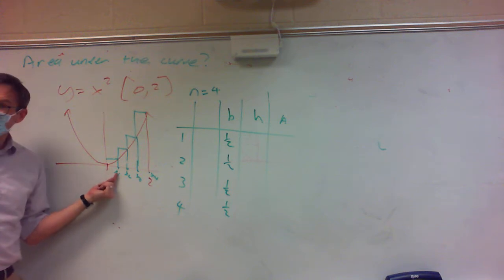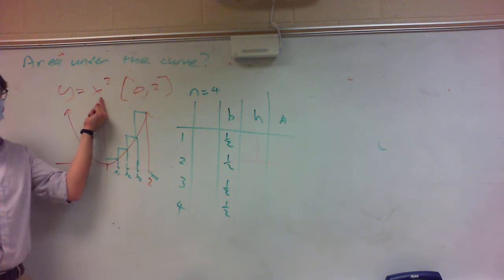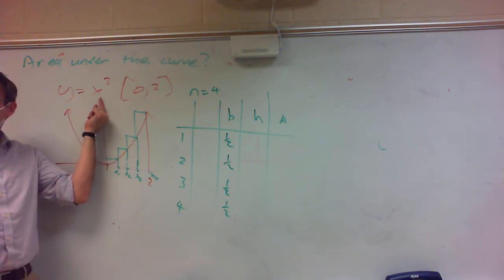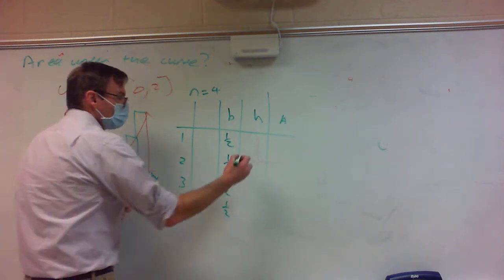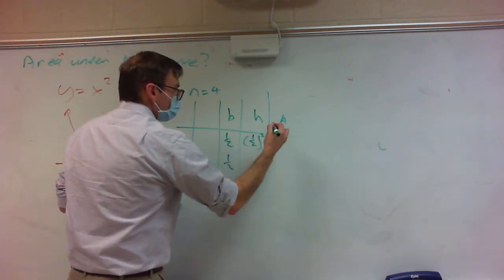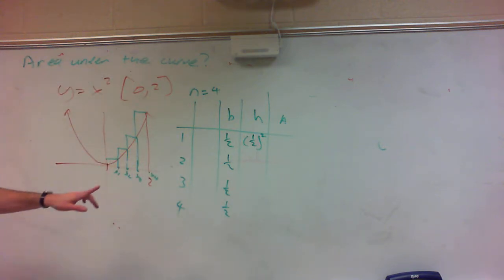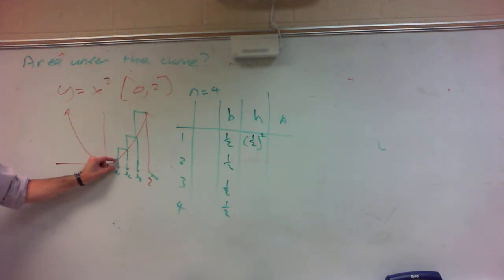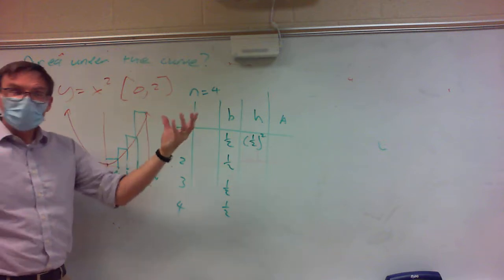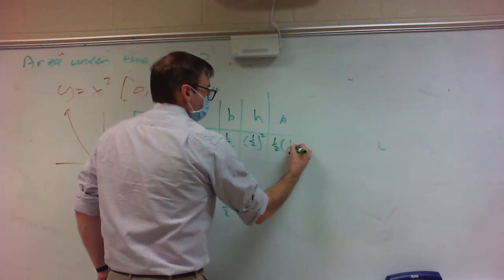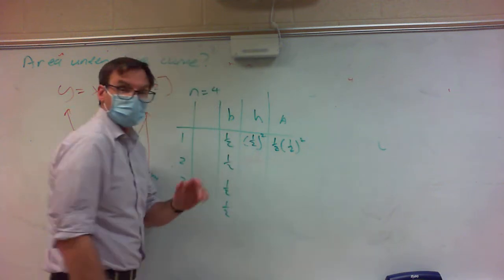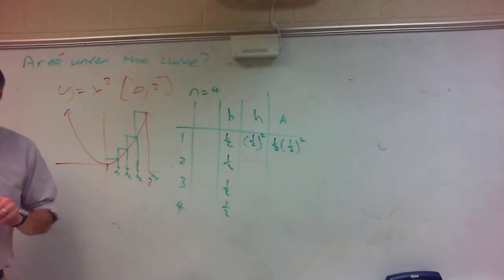Well, what's the x value here? 1/2. And when I plug that into my function, what do I get? 1/2 squared. Is everybody okay with that? And so the area of this rectangle is 1/2 times 1/2 squared. Okay, I found the area of one rectangle.